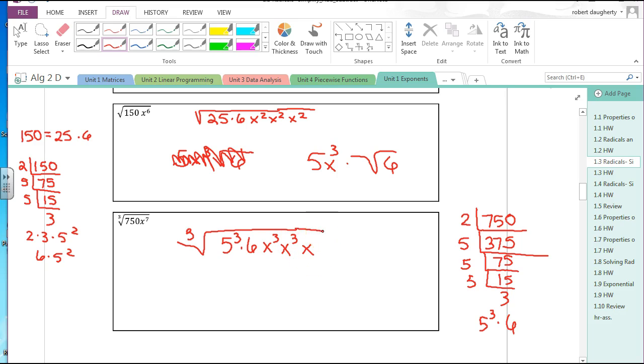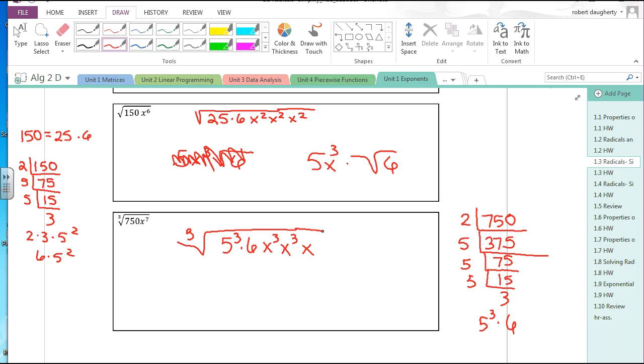Times x. Why did I do that instead of x squared? So when you look at 750, it's 2 times 5 times 5 times 5 times 3. So 2 times 3 is 6. So 6 times 5 cubed. Okay. So again, why did I write this x cubed, x instead of x squared, x squared, x squared, x?